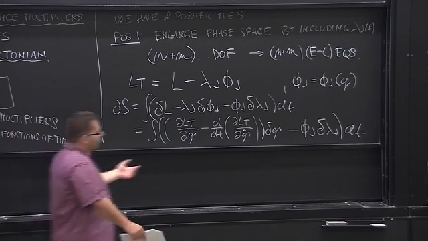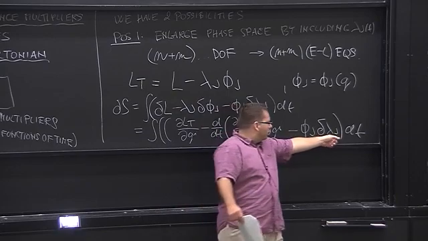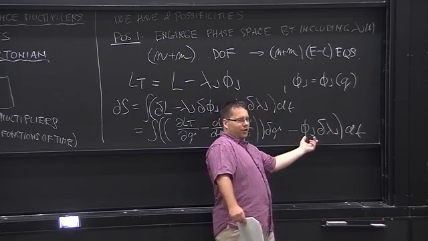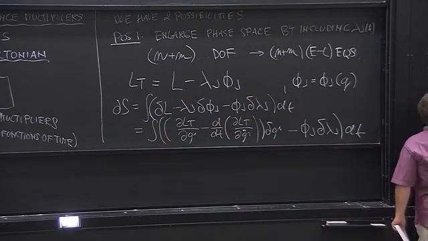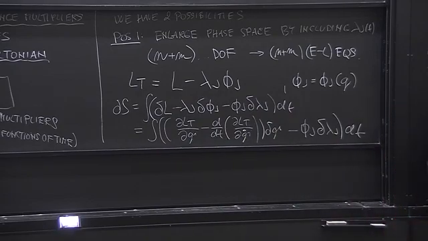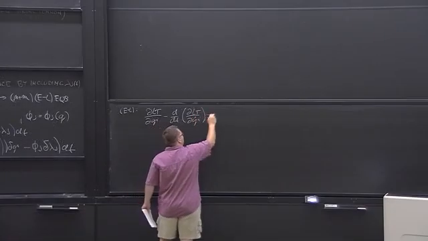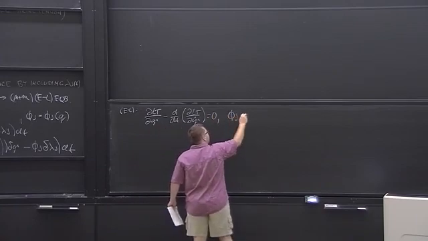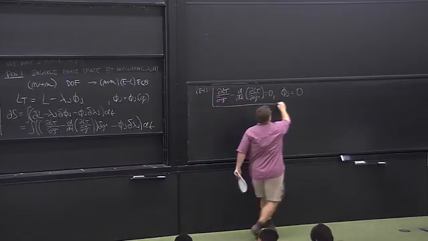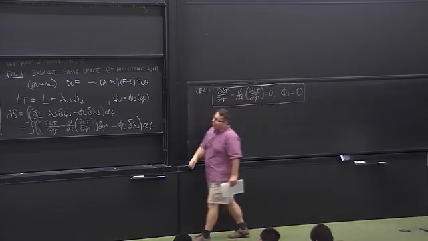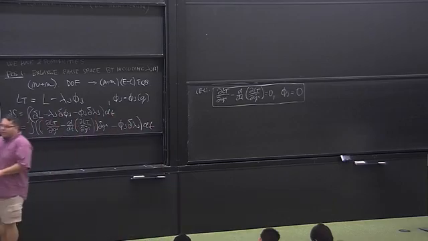And then, of course, this is a variation which is independent of that one because this is a new coordinate, so this also has to be equal to 0. So the corresponding Euler-Lagrange equations are just dLt over dqi minus d over dt dLt over dqi dot equals 0, and then phi j equals 0. So you have n plus m Euler-Lagrange equations, which you can, of course, solve.